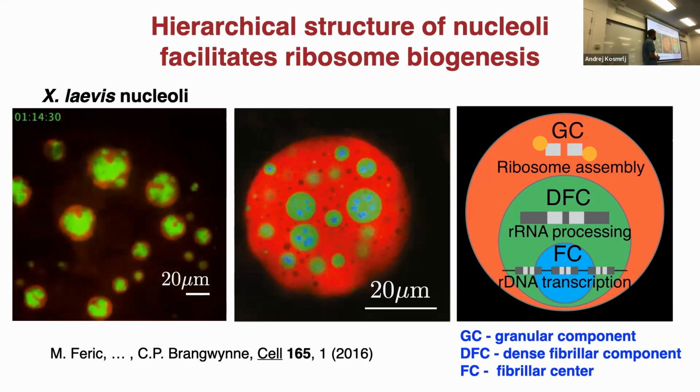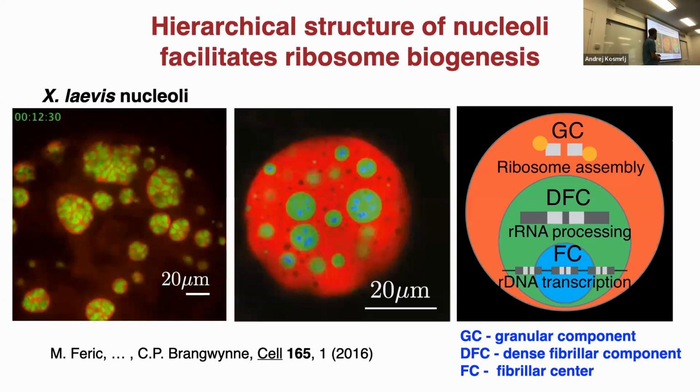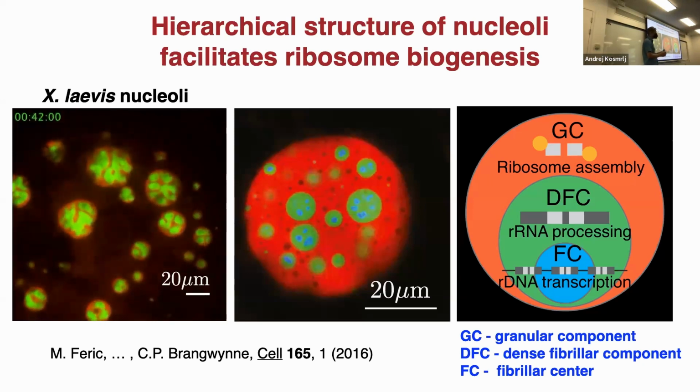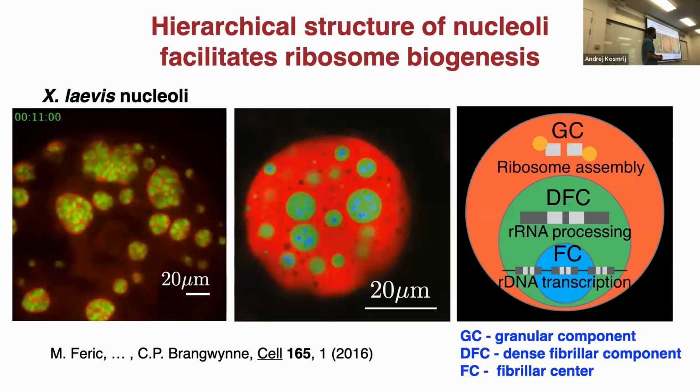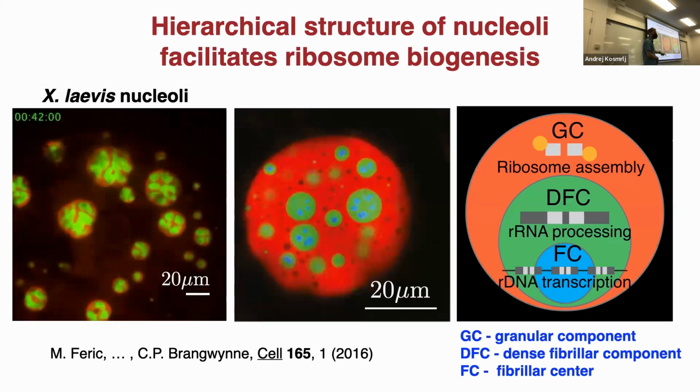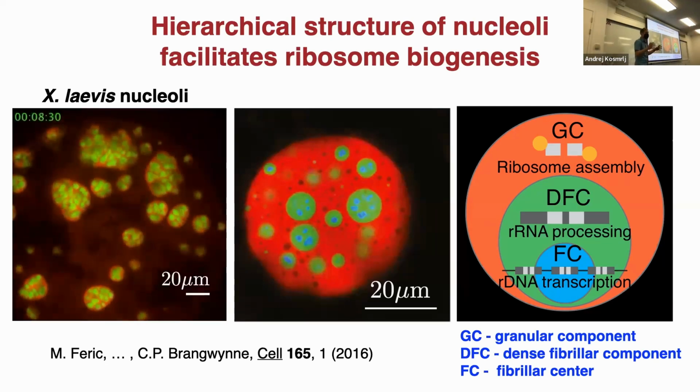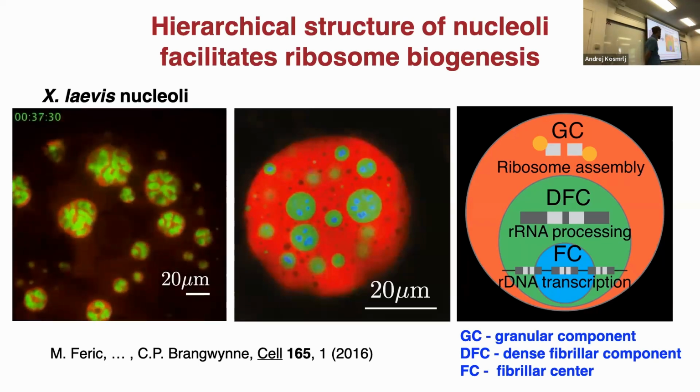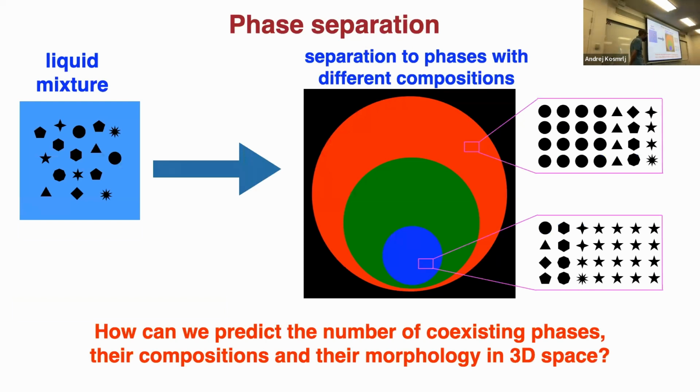But it is believed that this phase separation process is really driven by classical thermodynamic forces. So for now, I will strip off all the non-equilibrium effects and activity in cells, and I'm just going to focus on phase separation in passive multi-component mixtures, right? And here is an illustration of the things we want to investigate.